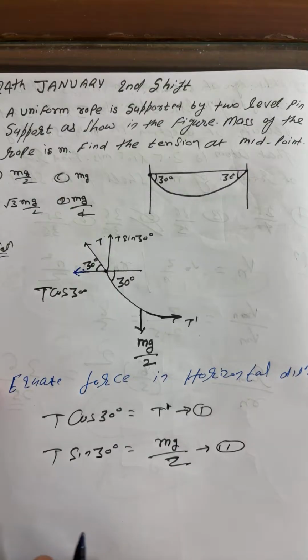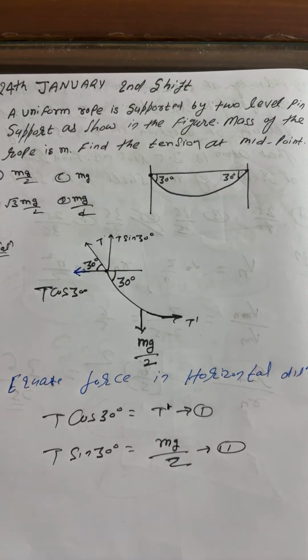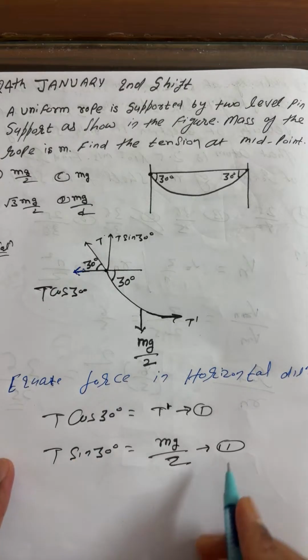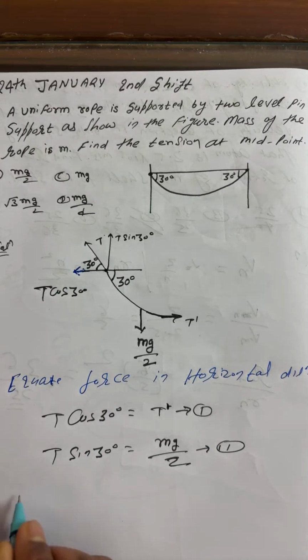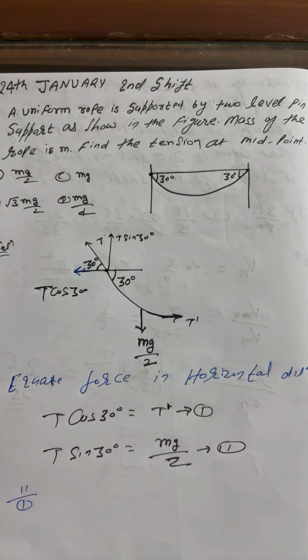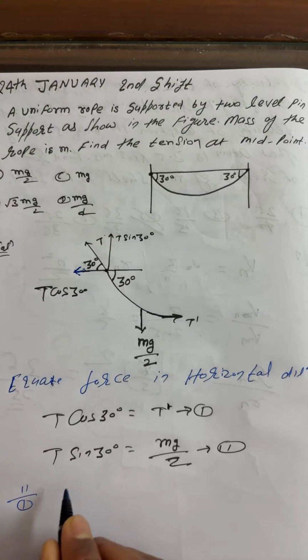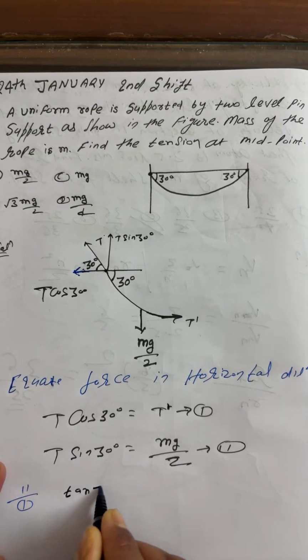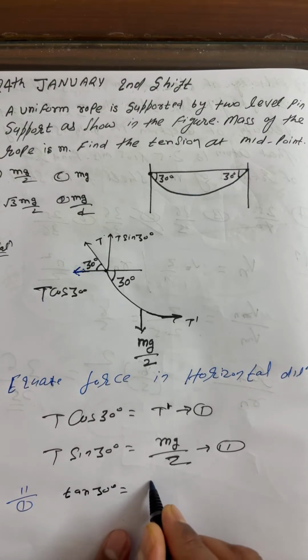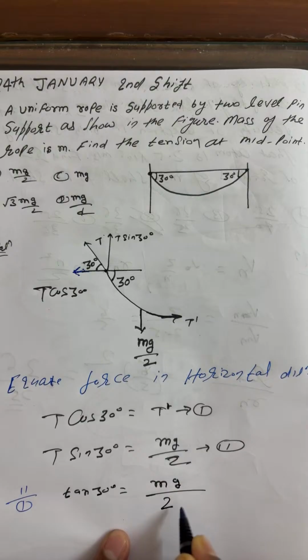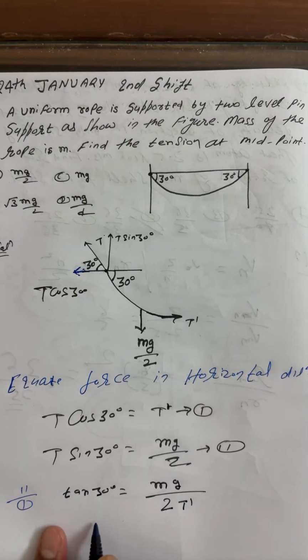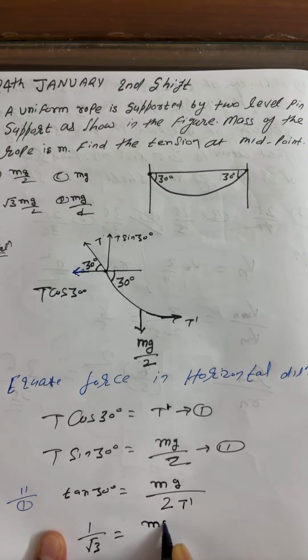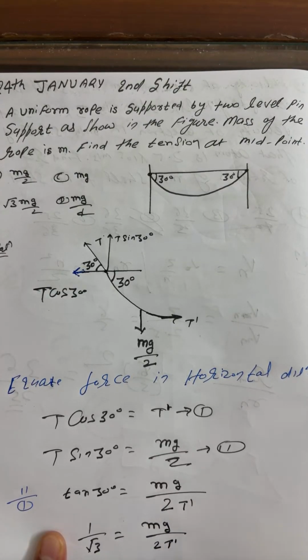Call this equation number two. Now divide equation two by equation one. T cancels, so tan 30 degrees is equal to Mg by 2 T prime. Tan 30 is 1 by root 3, so 1 by root 3 is equal to Mg by 2 T prime.